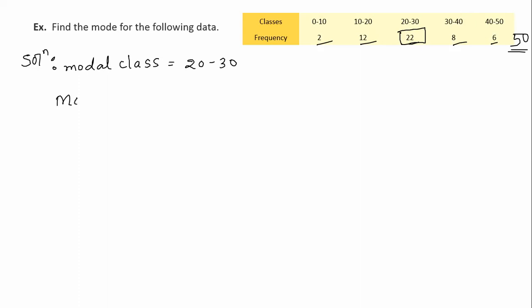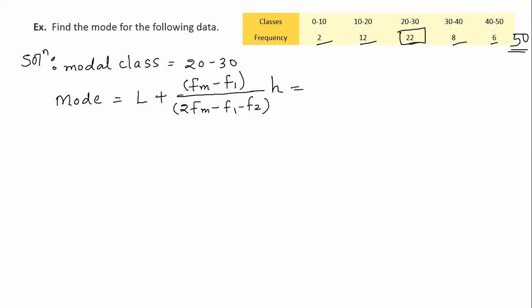And now mode is equal to L plus Fm minus F1 divided by 2 times Fm minus F1 minus F2 into H, and this is equal to 20 plus the frequency of the modal class, 22, minus the frequency of the pre-modal class, 12, divided by 2 times the frequency of the modal class minus the frequency of the pre-modal class minus the frequency of the post-modal class, into the width.